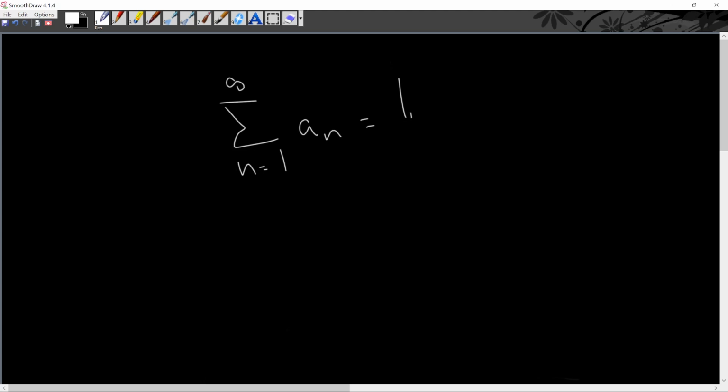And we can write this as the limit as n approaches infinity of a sequence of partial sums. So the idea behind it is that if every single term is a sum of previous terms that came before it, then the new sequence that is created is just a sequence of previous partial sums.